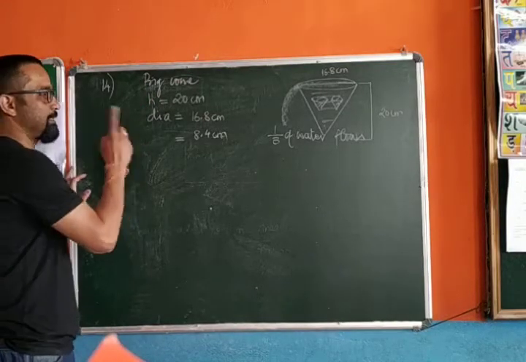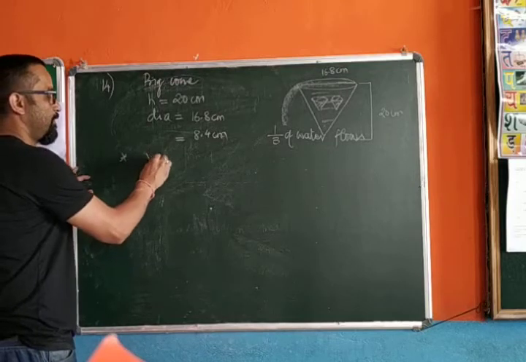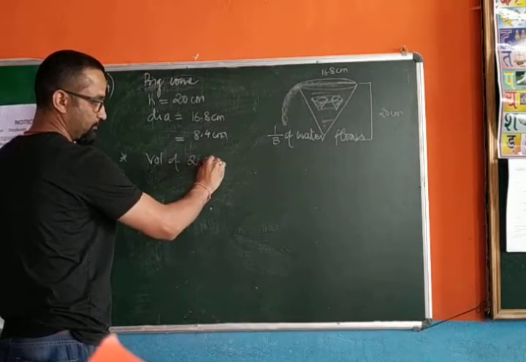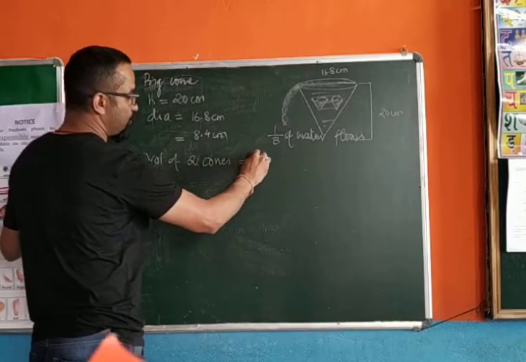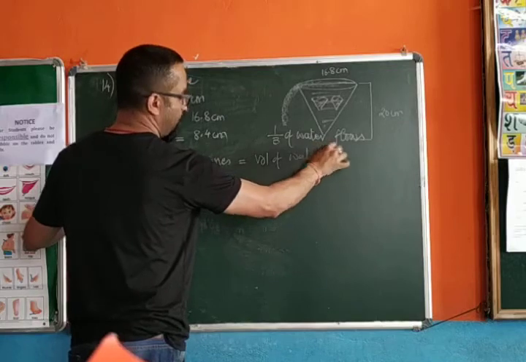Now use the condition of the question. Volume of two cones is equal to volume of water that flows out.